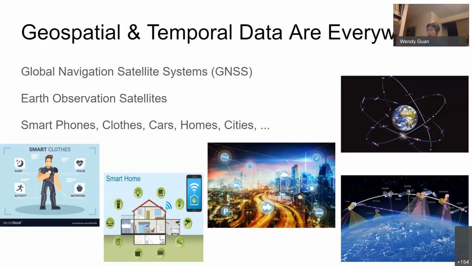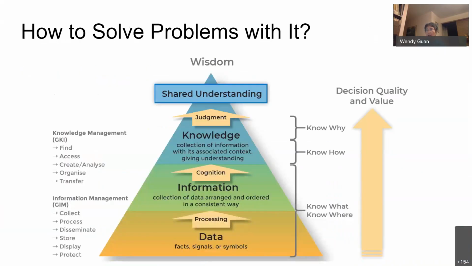We have smartphones, car phones, cities, you name it. All of these are capturing a lot of data, right? Measurements, all with location and time embedded in the data. So how do we use that to solve our problems?